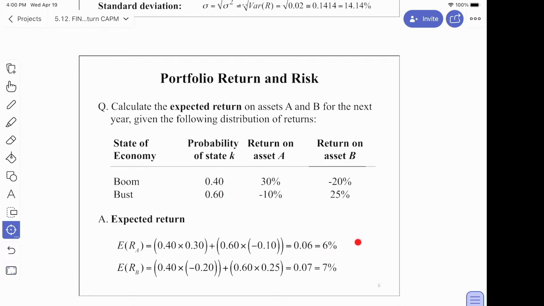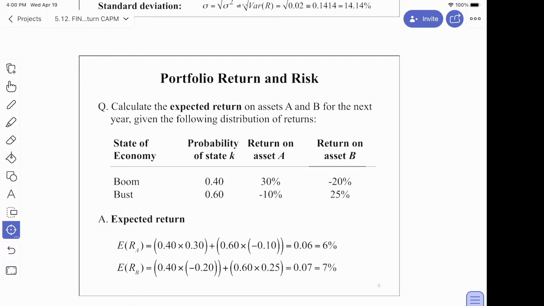And when you do that, you get 6%. So you got to practice that. And then do the same for B. 0.4 times negative 20% and 0.6 times positive 25%. All right, so those are the calculations. You get 6% for asset A and 7% for asset B.